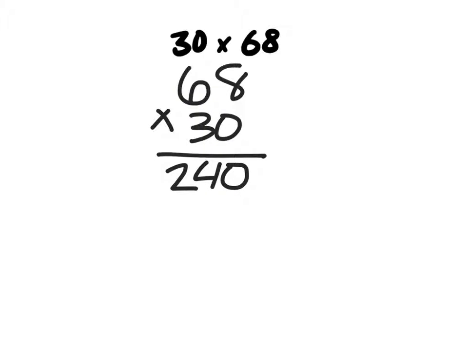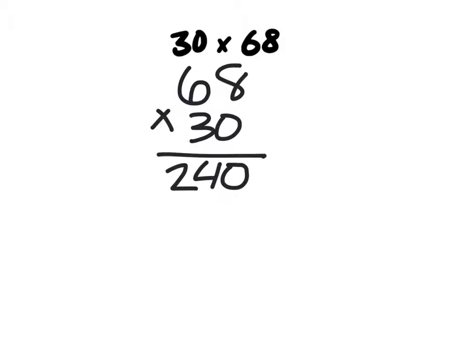Next, we are going to multiply this 30 by this 6, but we are not multiplying 30 by 6 because this 6 is not in the ones place. This 6 actually represents 6 sets of 10, so it equals out to be 60, not 6. So we will be doing 30 multiplied by 60.